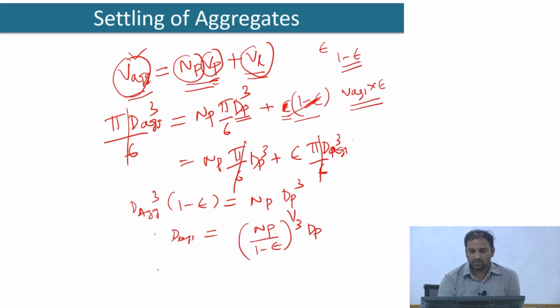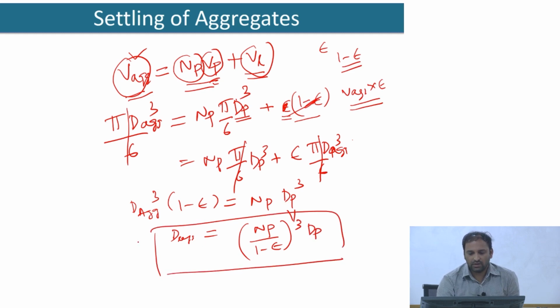Is it okay? So, I am able to express the diameter of the aggregate in terms of the number of particles in the aggregate times the volume fraction, so your epsilon, which is the void, people also call it the fraction of the liquid, voidage and things like that, and dp is the diameter of the particle, right.